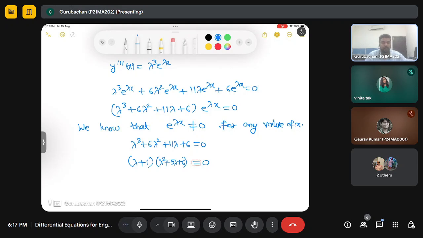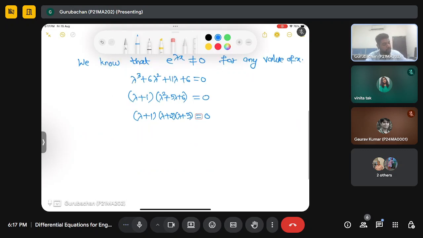If you factorize it, you will get lambda plus 2 times lambda plus 3 equal to 0. So lambda can be -1, -2 as well as -3.